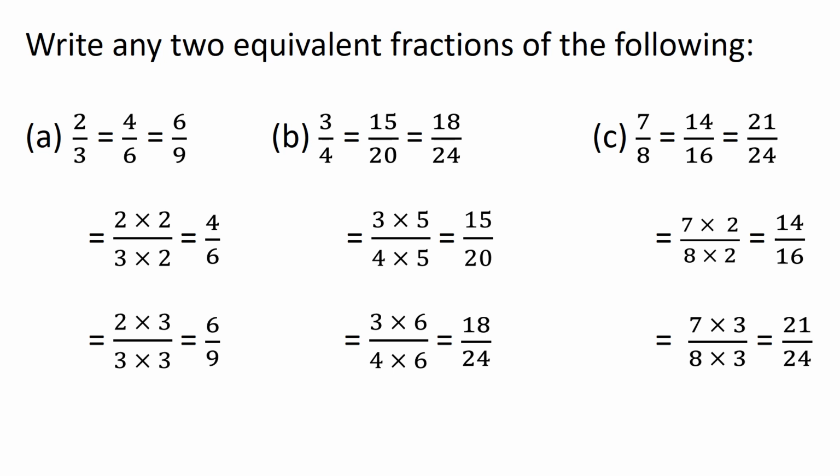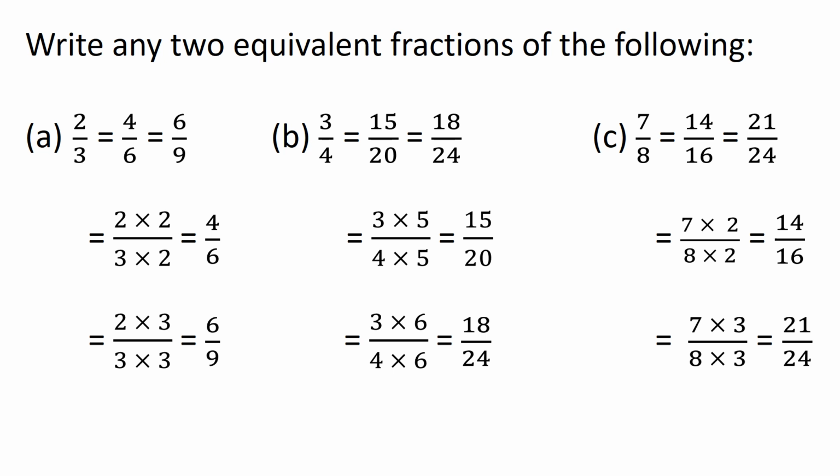B. 3 upon 4. I have multiplied both the numerator and the denominator with 5 for the first equivalent fraction, and I have multiplied both the numerator and the denominator with 6 for the second equivalent fraction. So, 3 upon 4 is equal to 15 upon 20 is equal to 18 upon 24.